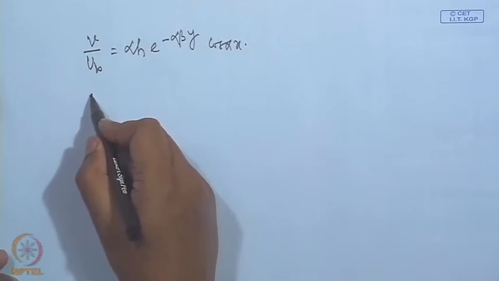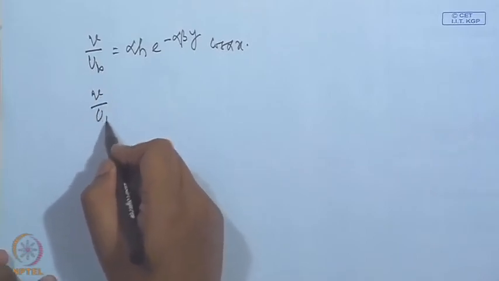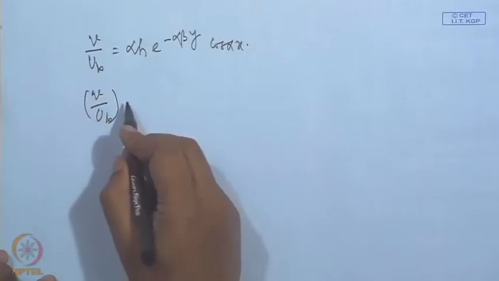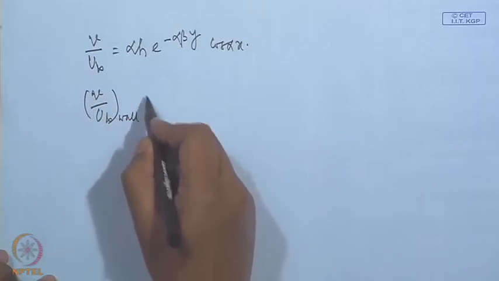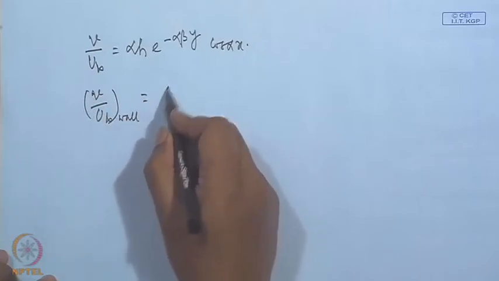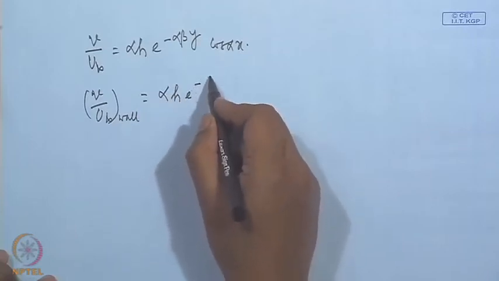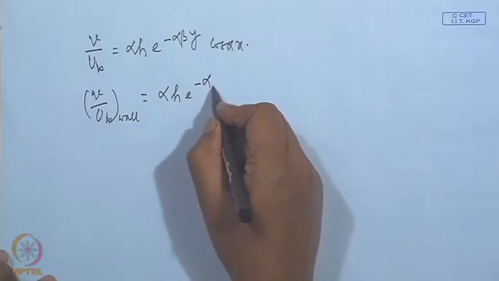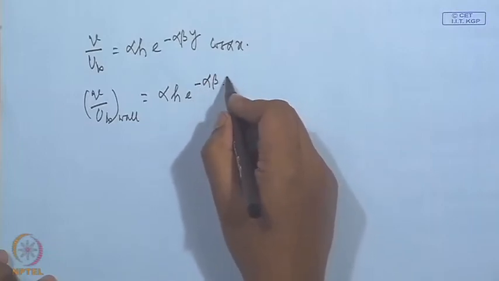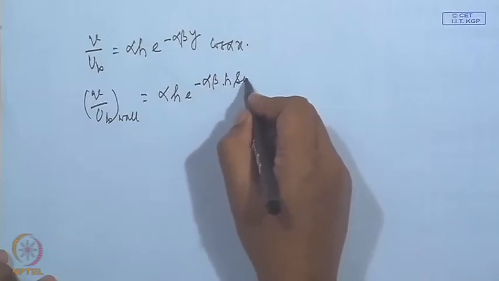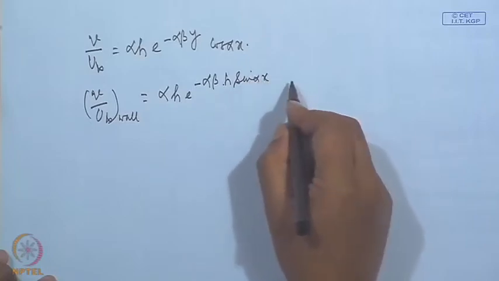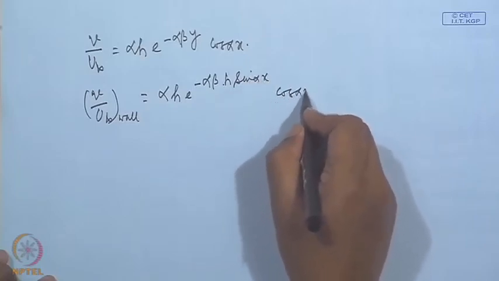On the wall, this term becomes, on the wall we know y equal to h sin alpha x. So, minus alpha beta h sin alpha x into cos alpha x.